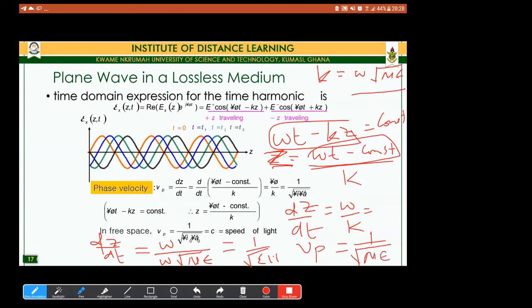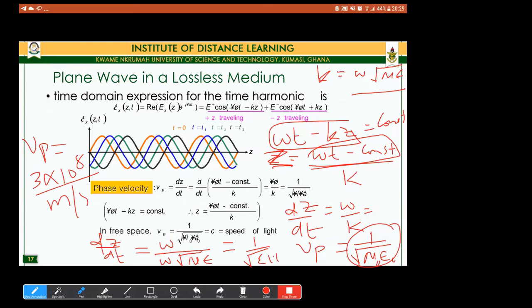So in free space, we know what the value of mu naught is, and we know what the value of epsilon naught is. In free space, Vp, if you evaluate by substituting mu naught and epsilon naught, will be approximately equal to 3 times 10 to the power 8 meters per second.